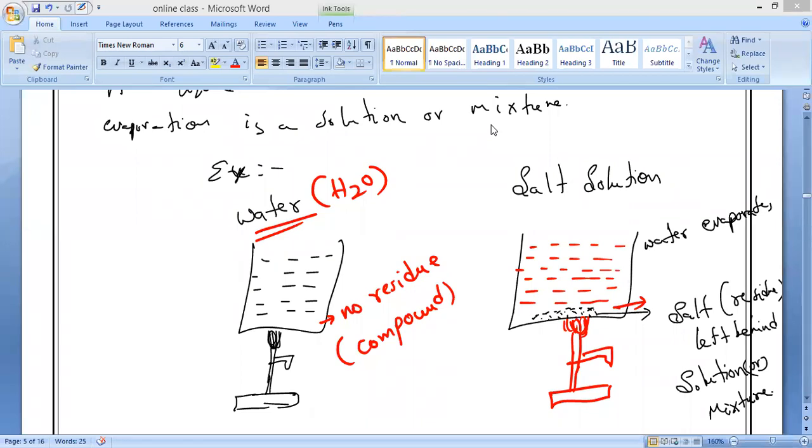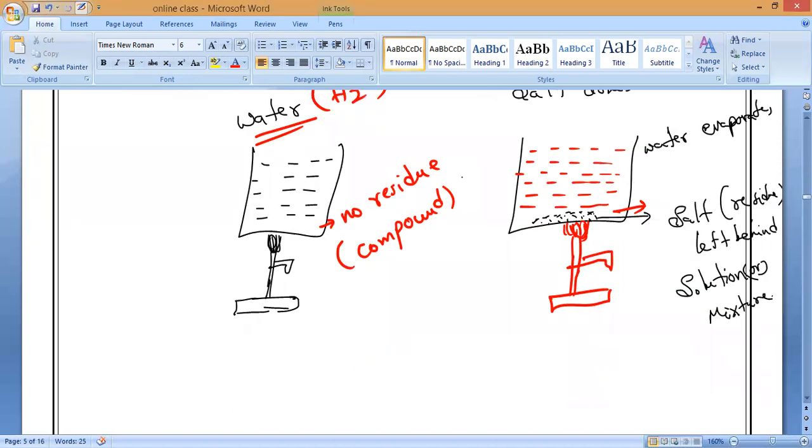Your question is whether it is a solution or a mixture or a compound. We have to find whether it is a solution or compound with the help of only this normal method.